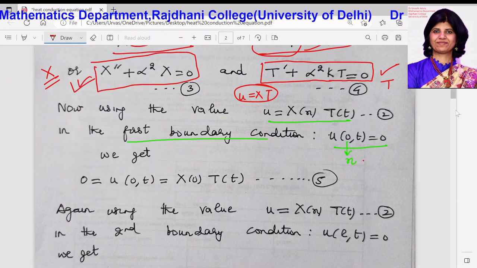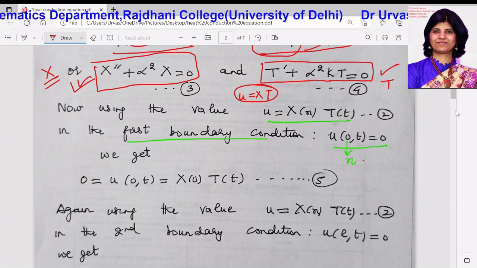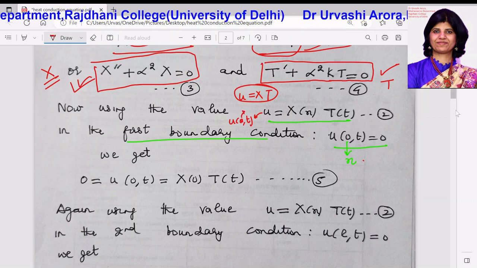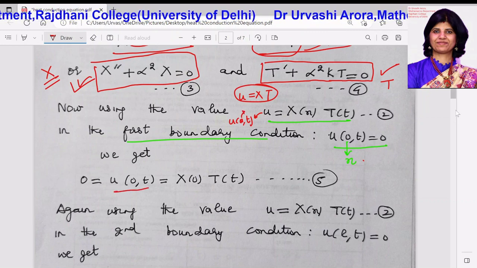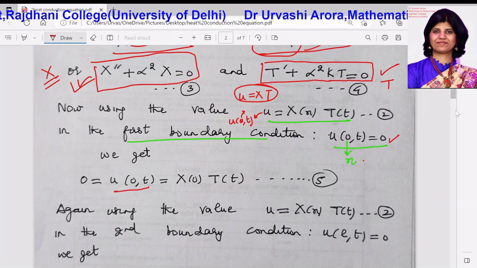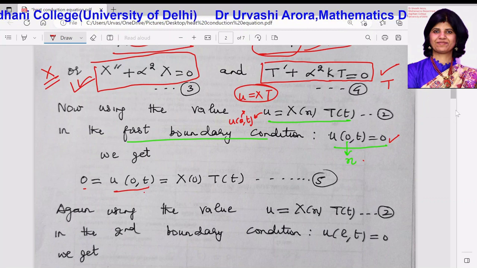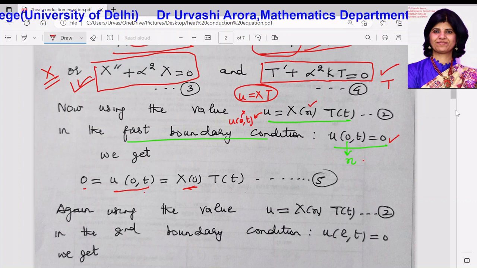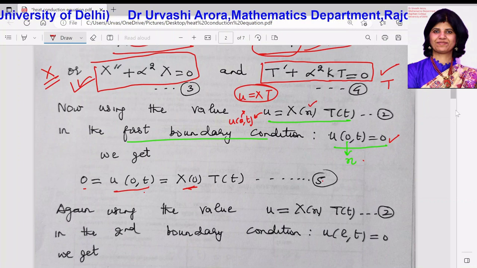So I put the value of small x as 0. So this u is actually u(x,t), and when you put x is equal to 0, you get u(0,t), and the value of u(0,t) is 0. So 0 is equal to u(0,t) is equal to X(0) into T(t). We are putting the value of x as 0 over here. This is equation 5 that we have.